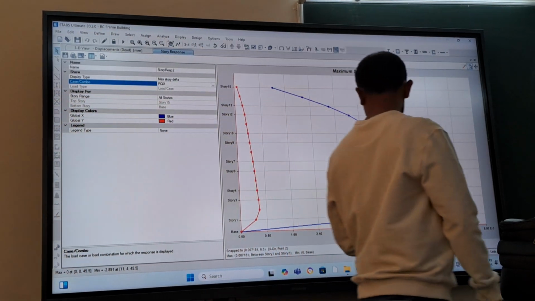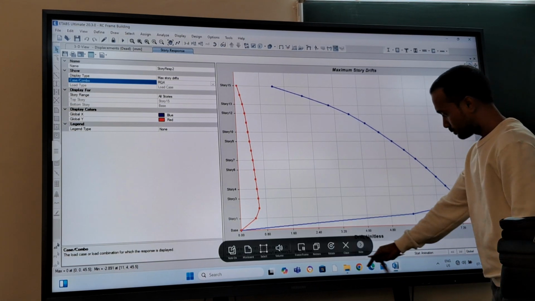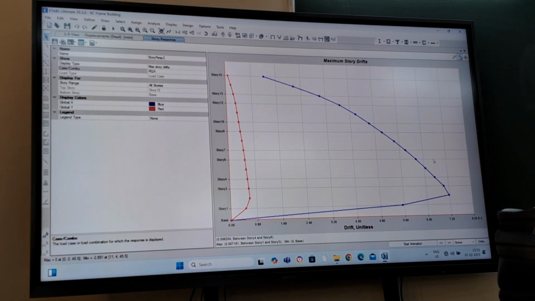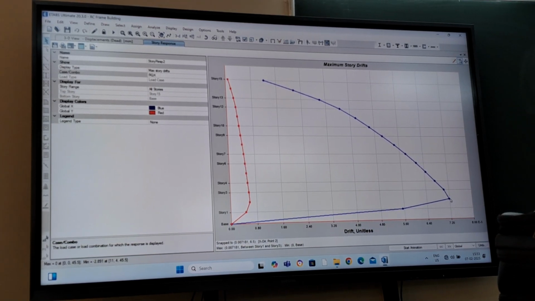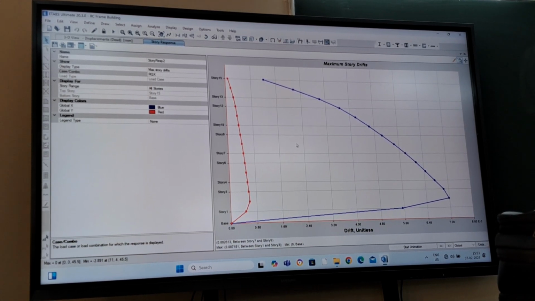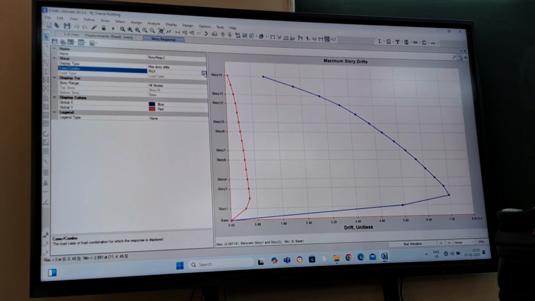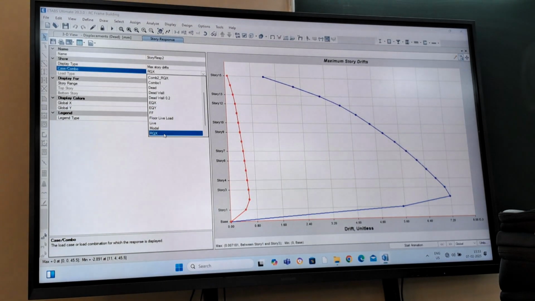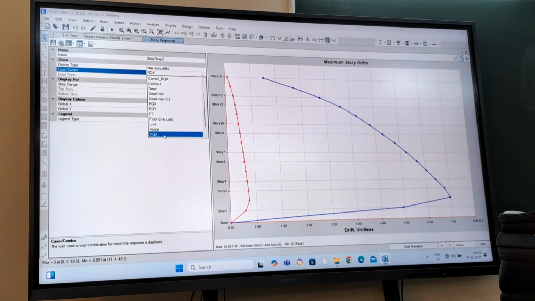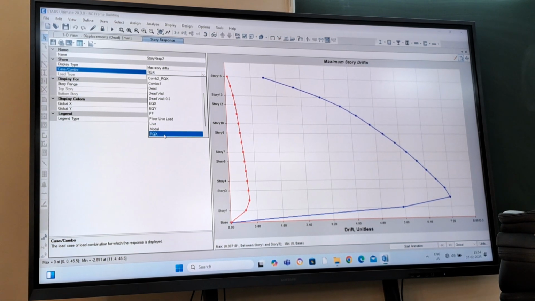What you have to check for drift, this limit should be less than 0.4%. And now see, here I am checking only one load case. I am not adding the gravity load cases like dead load and live load. But as per the code, you have to use all the loads.